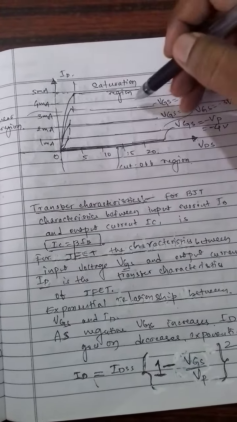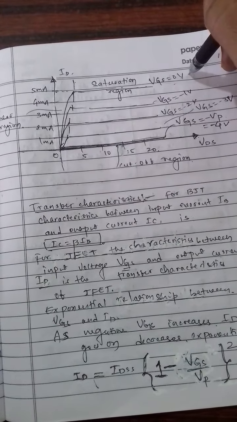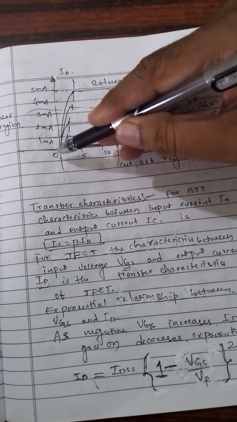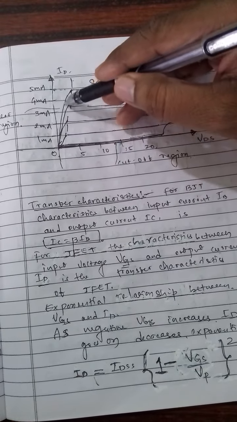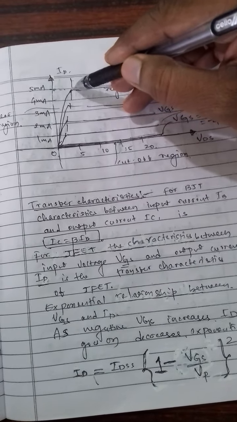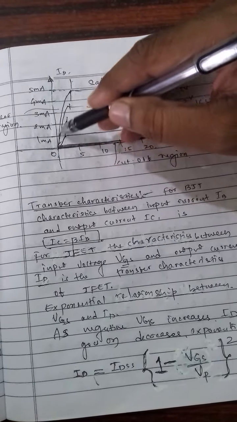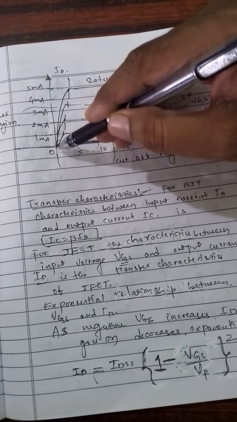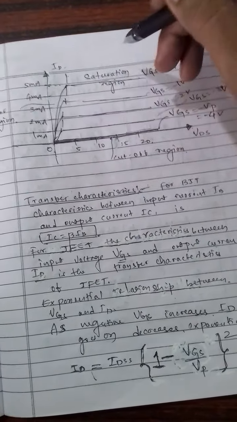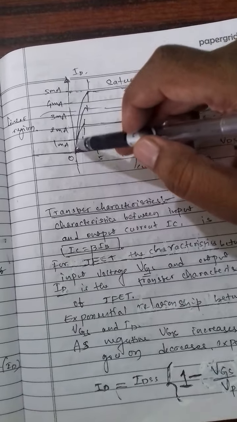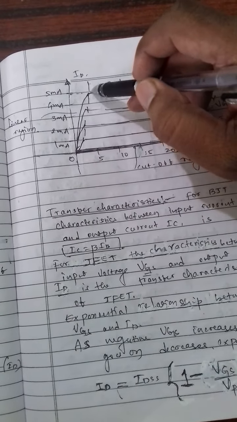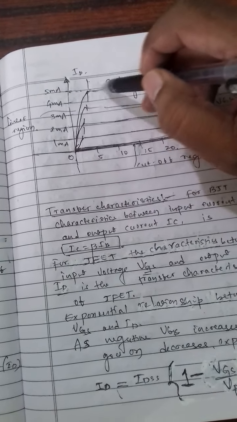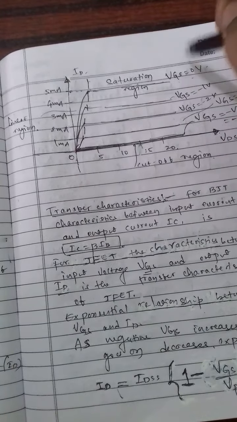When VGS is equal to 0 volts, the drain current is more, because the saturation value of the drain current increases when VGS is equal to 0 volts.